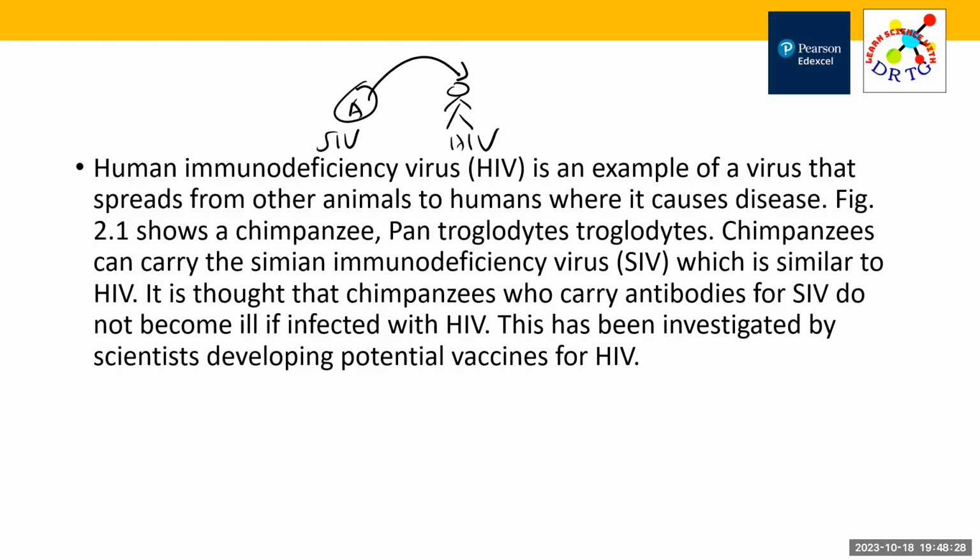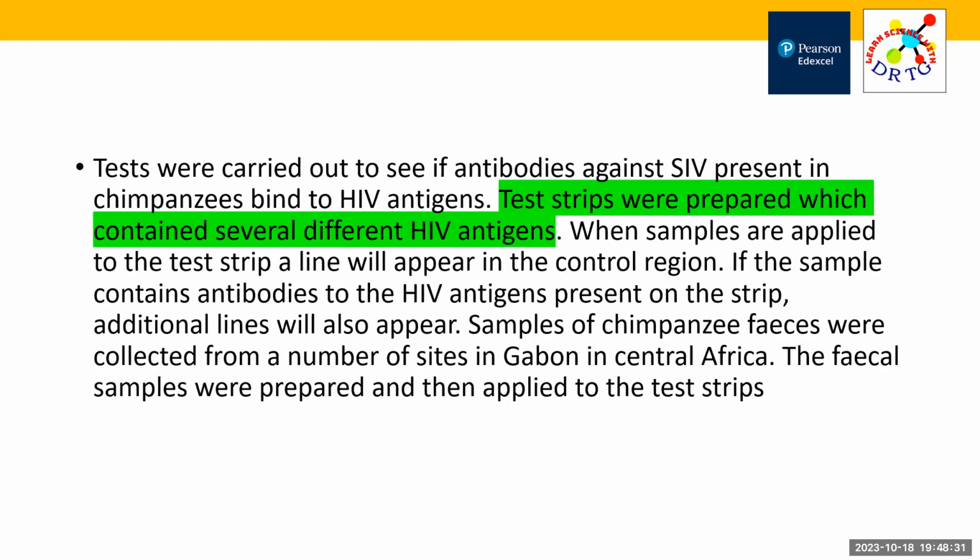To investigate this kind of thing, the scientists use a test strip, like this kind of strip, and this strip has HIV antigen. So different antigens are placed in this strip. Most diagnostic kits are developed like this.